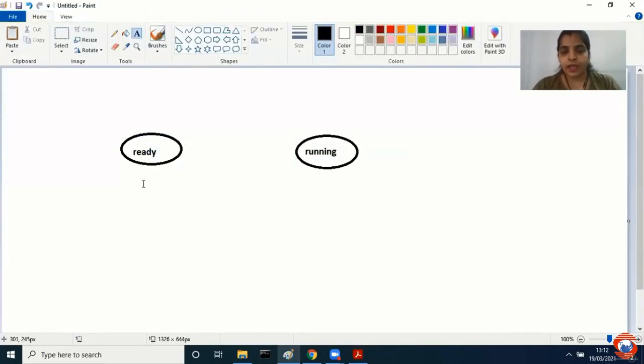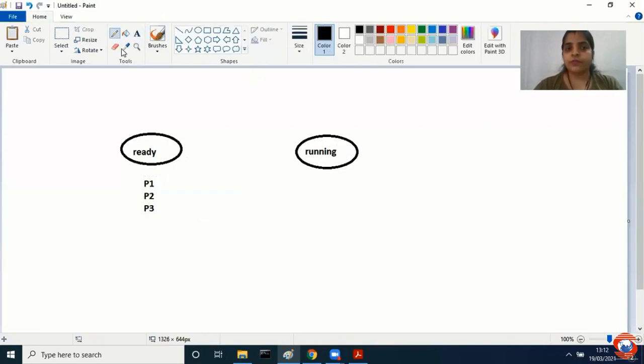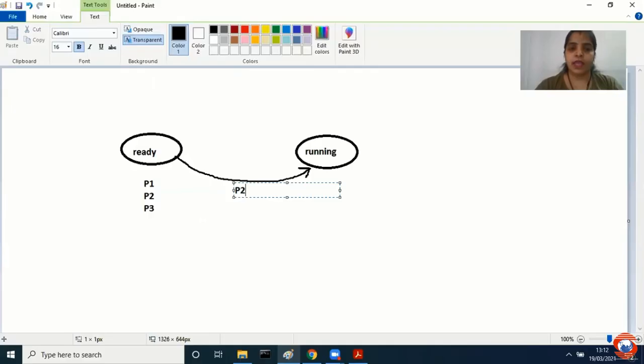First of all, assume the dispatcher is taking process P2 for execution. Now there can be two categories. मैं बोलती हूँ P2 process, please complete its whole execution. Complete its whole execution and then directly terminate.